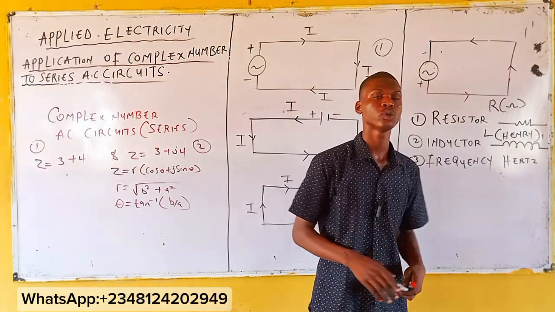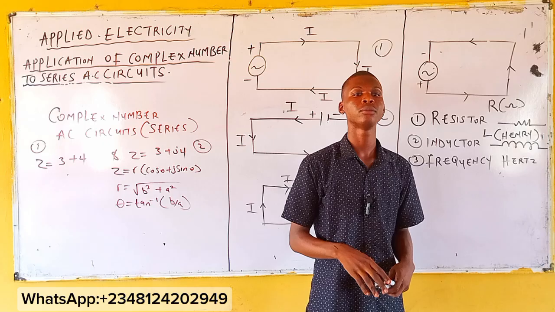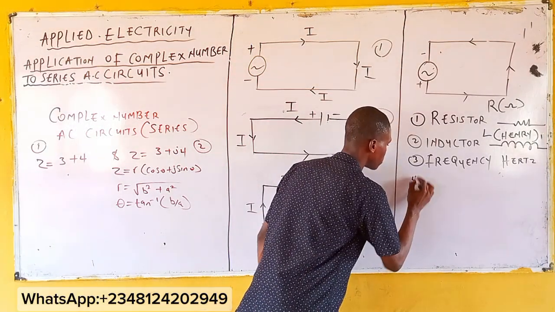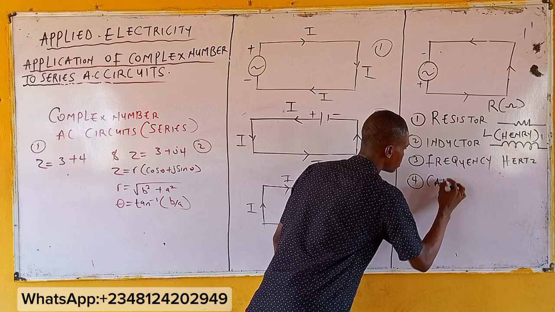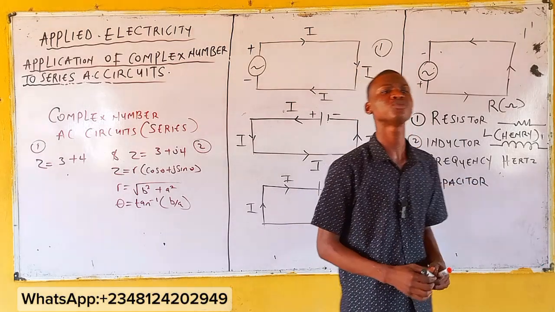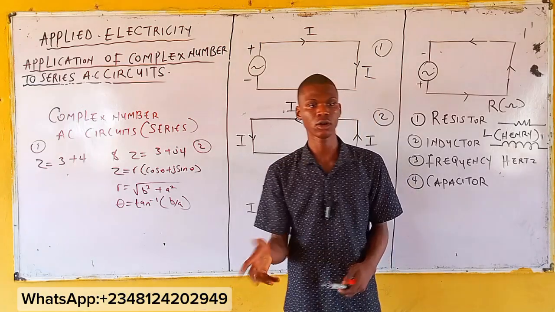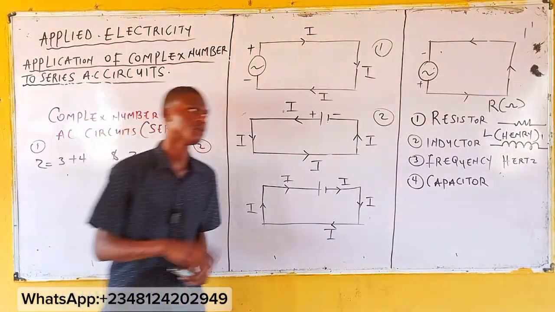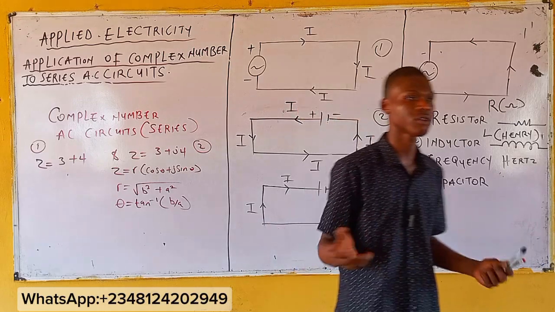Now before moving on, we have what we call impedance. We also have capacitor. That's correct. Now what's the difference between a capacitor and a cell, or you say battery? I know by definition, but I mean by diagram, by representation.